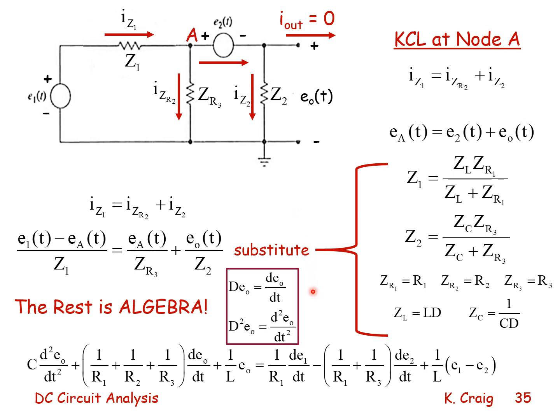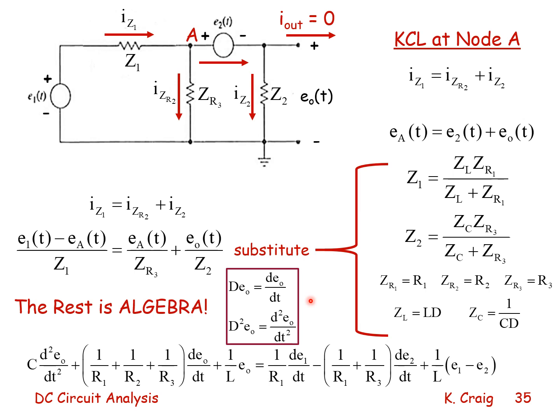We're looking ahead now and showing the use of this differential operator, which will transform derivatives and integrals into algebraic expressions. So d times a variable says take the derivative of that variable. As we will see, 1 over d times a variable says take the integral of that variable.